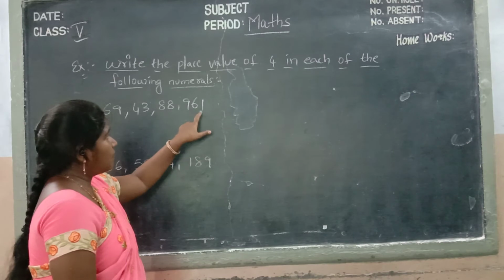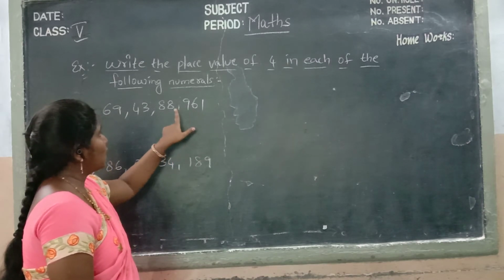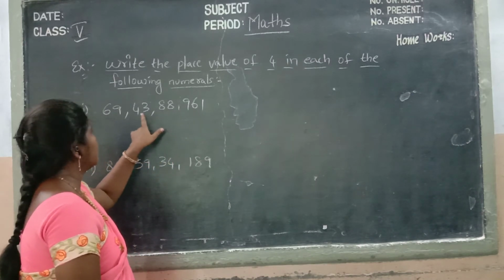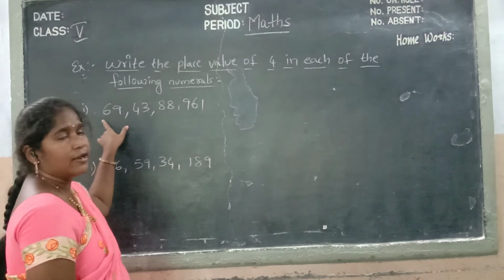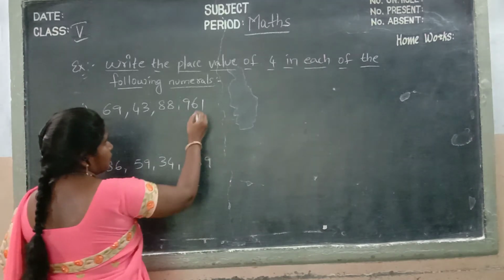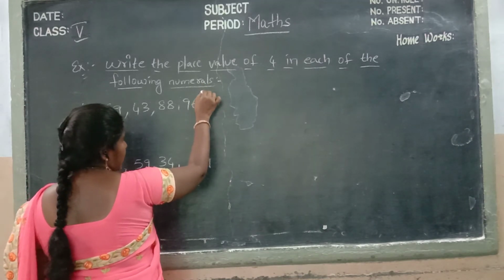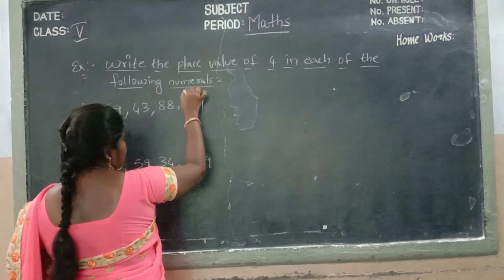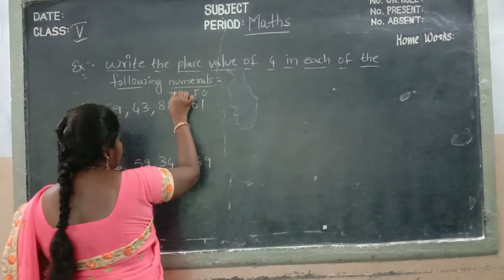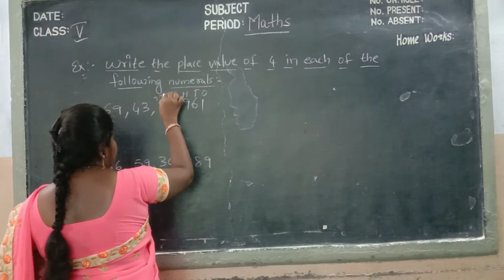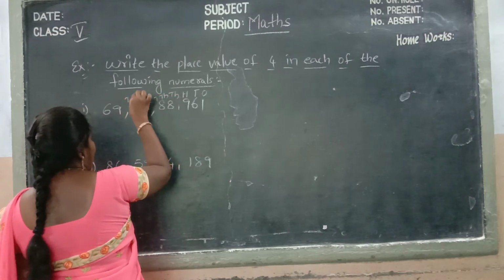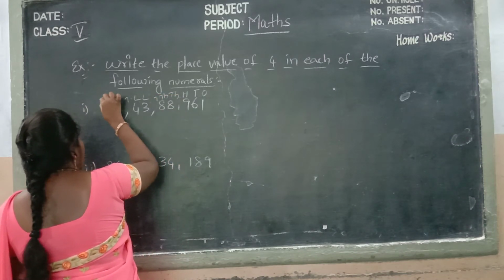Count, children: 1, 2, 3, 4, 5, 6, 7, 8, 9. First we want to write the place values of the given number. Ones, tens, hundreds, thousands, 10,000s, lakhs, 10 lakhs, crores and 10 crores.